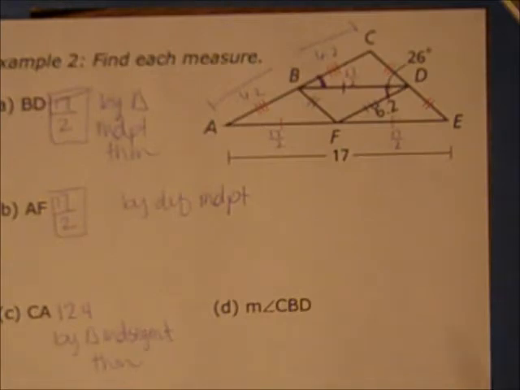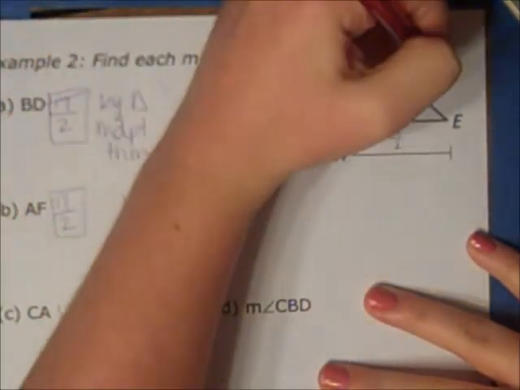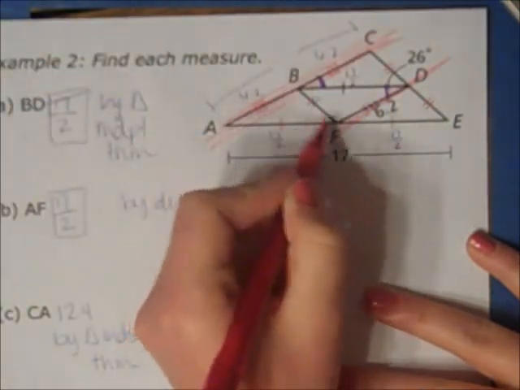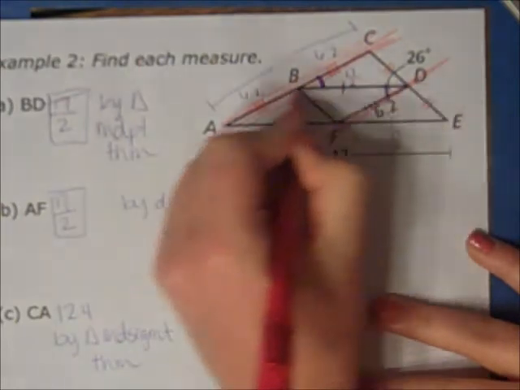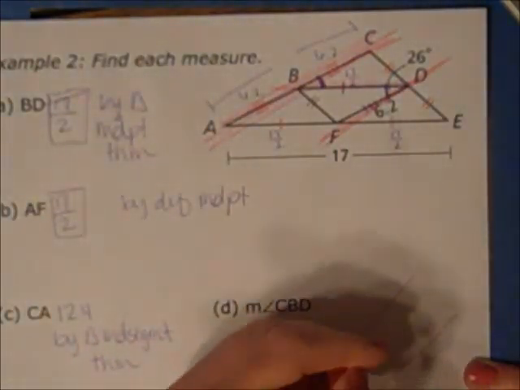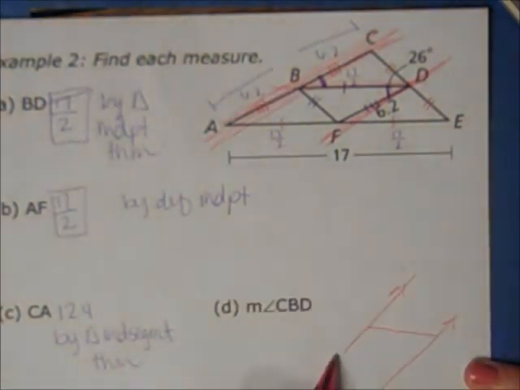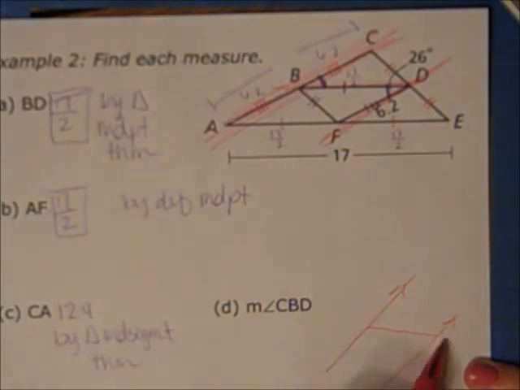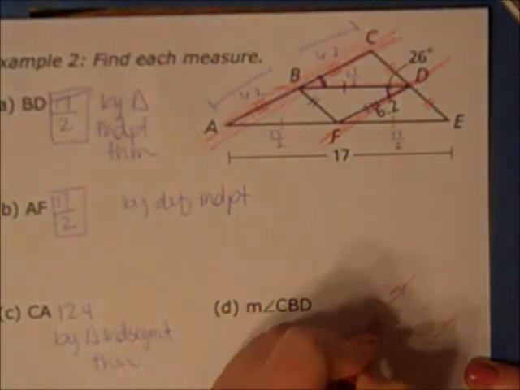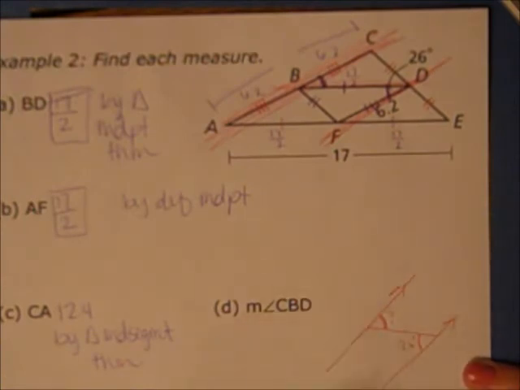It's hard to see with all these mixed in together, but if you highlight and extend, maybe even redraw, you can see this mid-segment is parallel to the opposite side, and here's your transversal. So if you want to draw that by itself, you can see it like this. Parallel lines, the mid-segment and its opposite side, cut by the transversal right here. They're asking me for this. They gave me that this was 26.